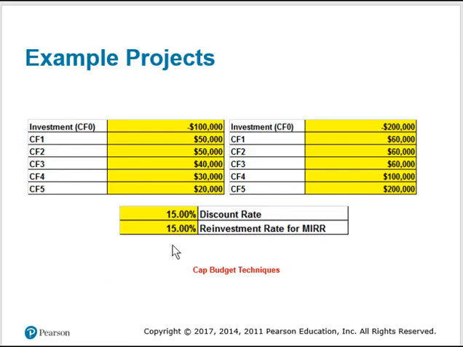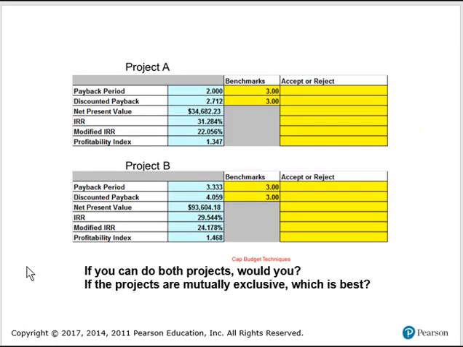In this case, you get 31% of 100,000, or you get 29% of 200,000. Which would you rather have? So the percentage thing, again, internal rate of return has some flaws. We'll come back and address this as we go through some of these other techniques.